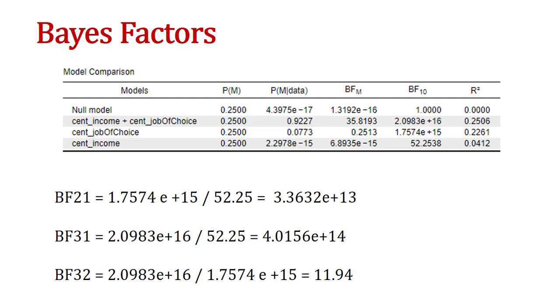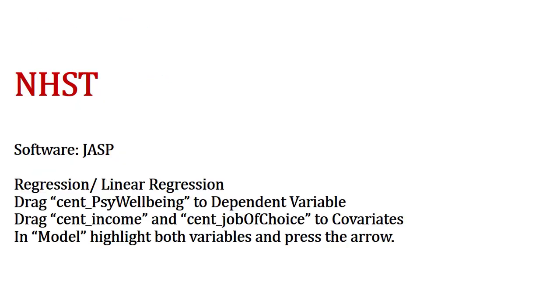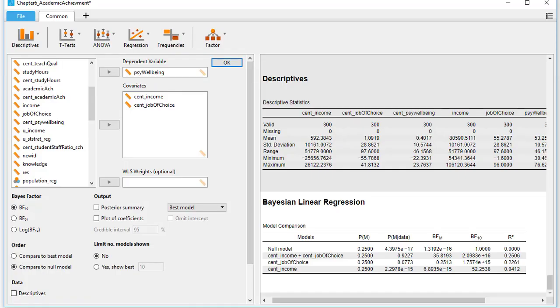Okay, finally we move to hypothesis testing. So for the null hypothesis statistical significance testing approach, the traditional approach, we can use JASP, and we do the same regression, linear regression, and the only thing is that we are going to concentrate on different aspects.